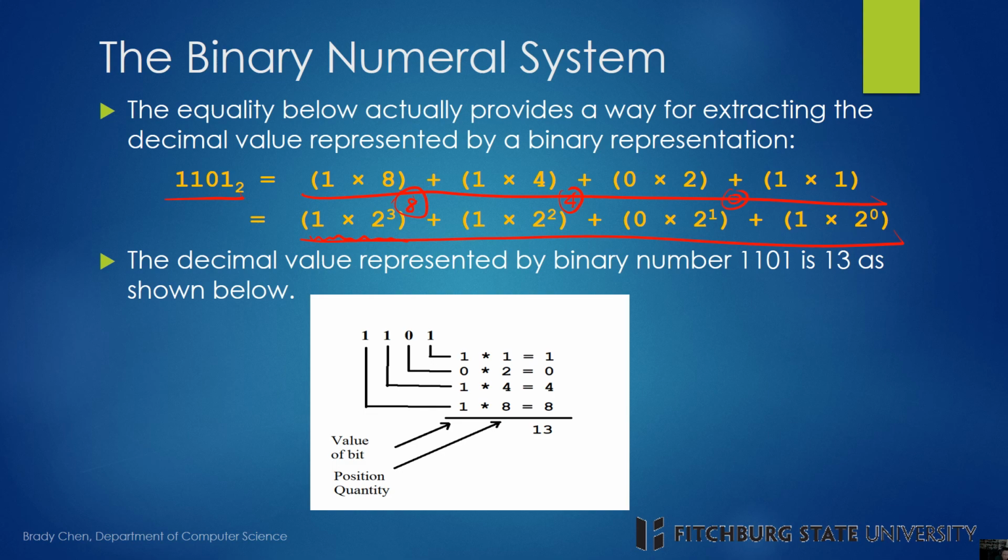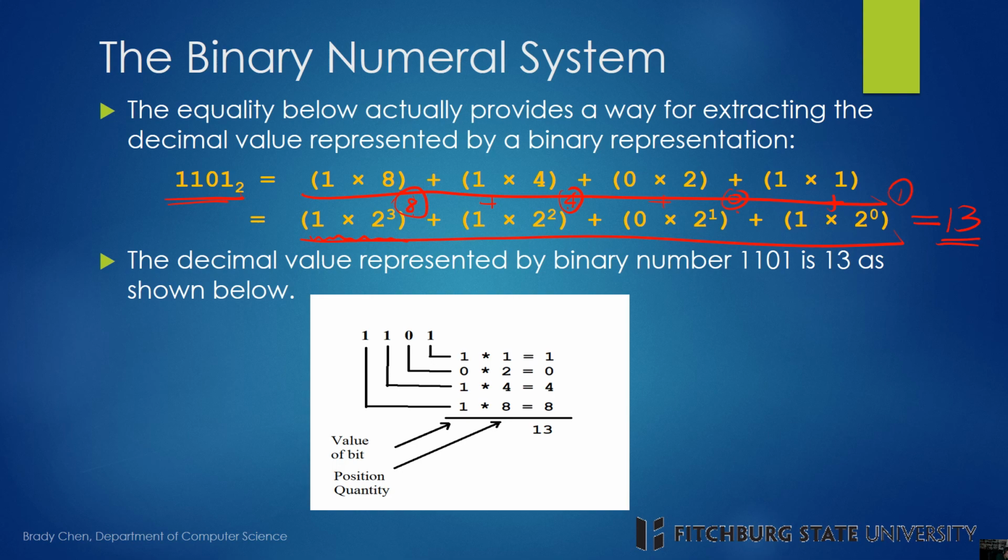Now 1 times 2 to the 0, that's 1 times 1, which is 1. Now, if we add these numbers 8, 4, 0, and 1, you will actually get the number 13.